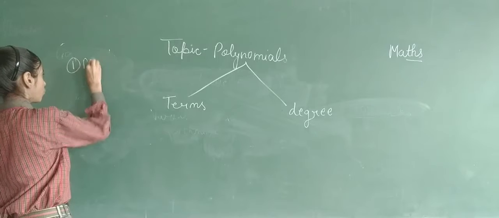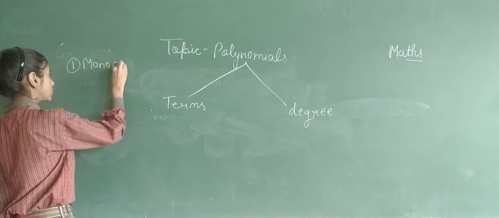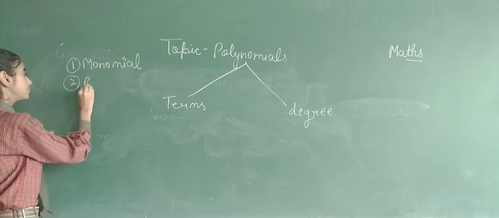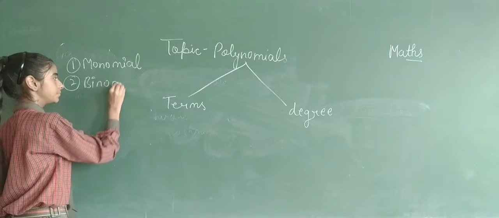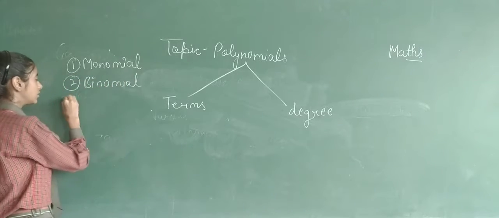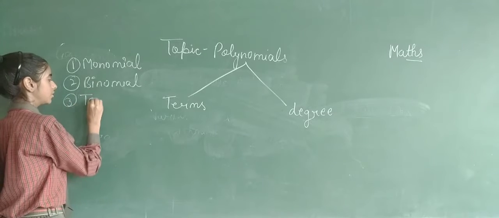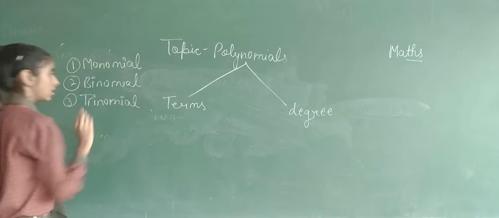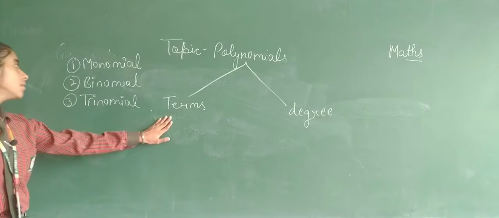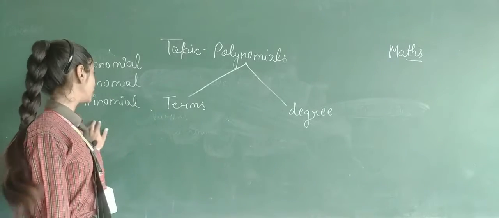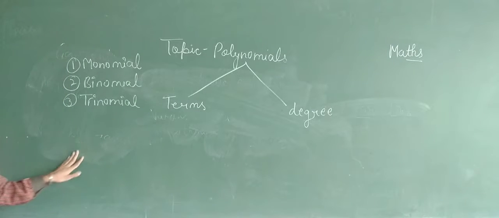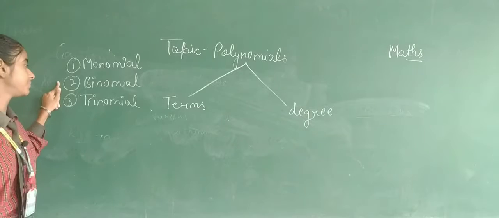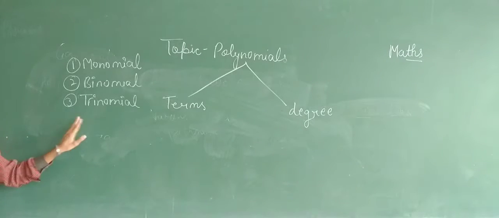First one is monomial, second one is binomial, and third one is trinomial.